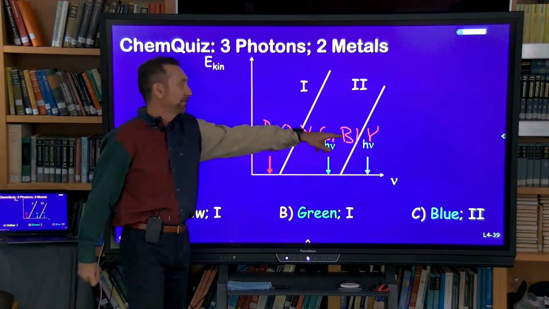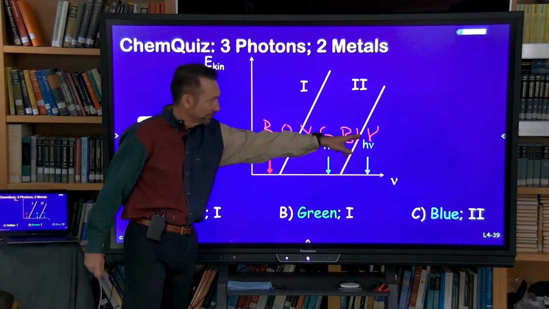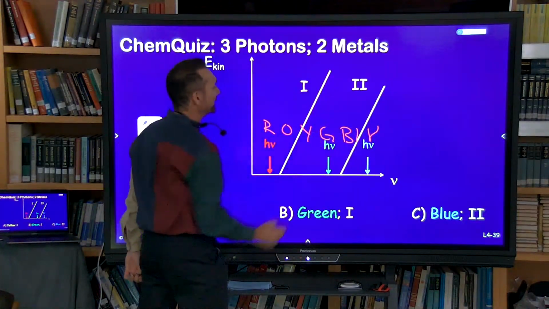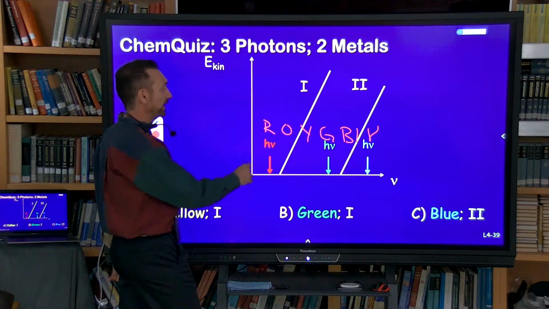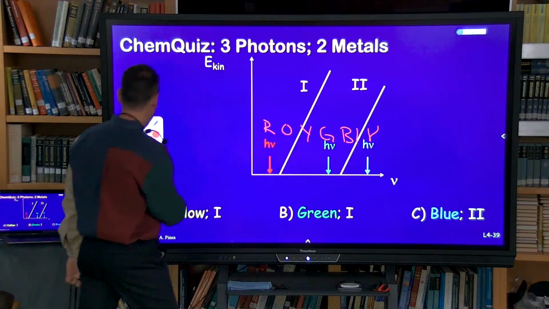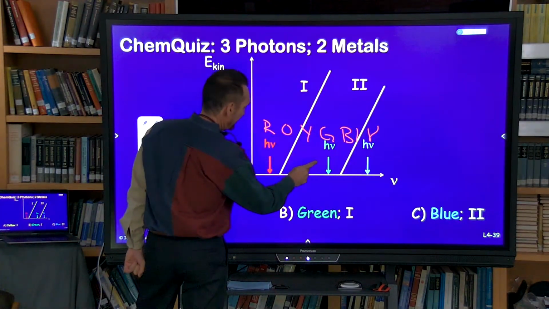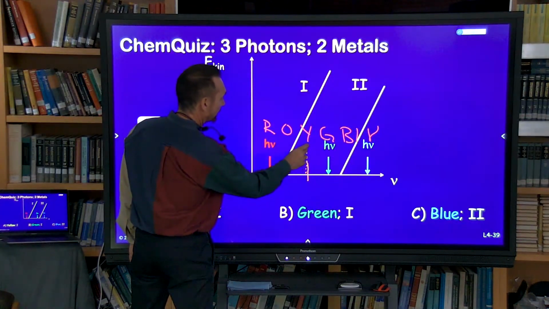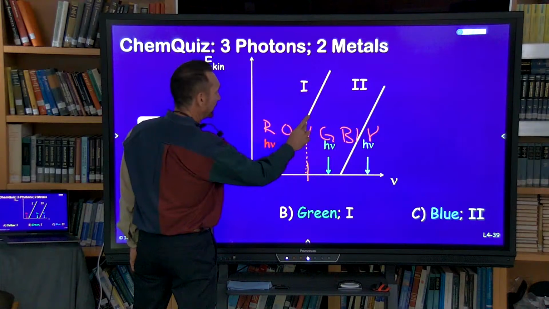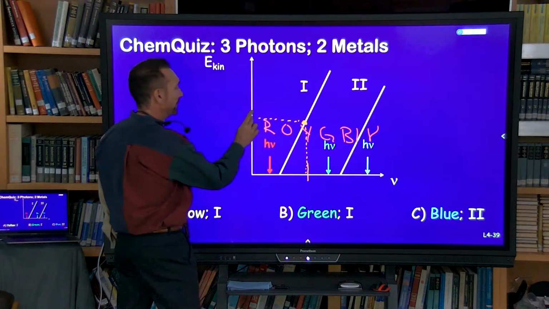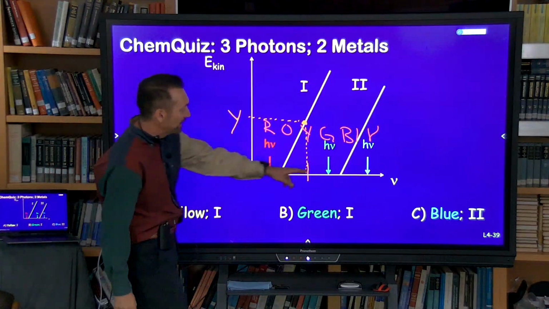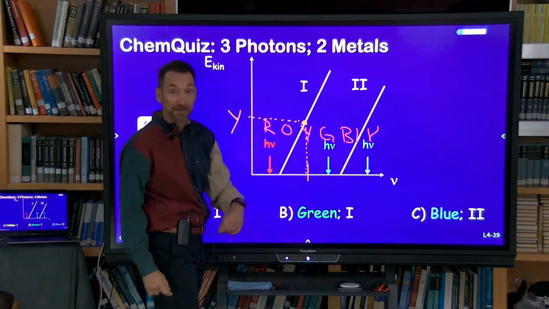Roy G. Biv, somebody's name for the progression from red to violet. I for indigo in between blue and violet. So yellow, by that, is in here somewhere. And yellow photons will eject electrons from metal 1 with that kinetic energy, but not from metal 2. They don't have enough energy for metal 2.